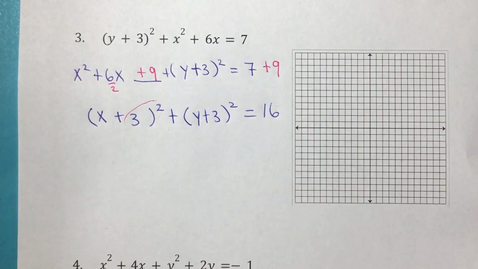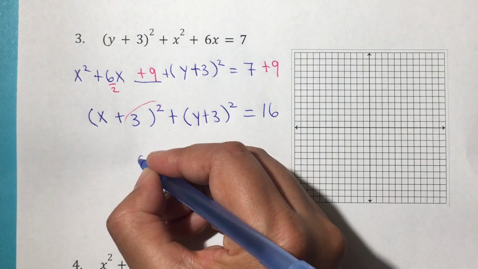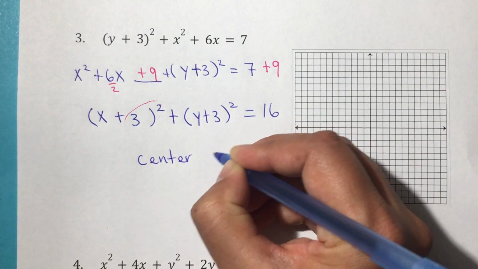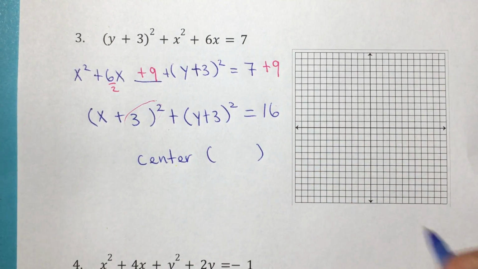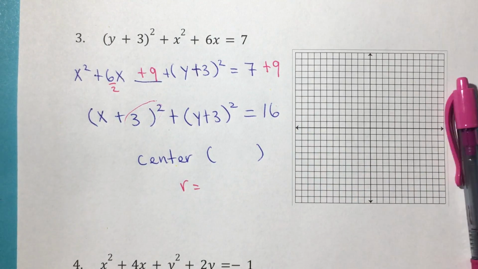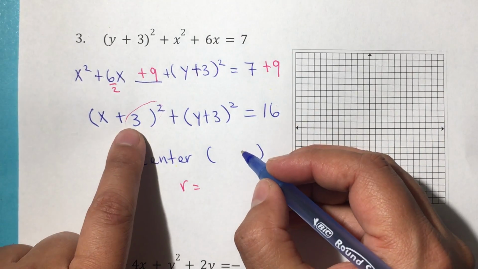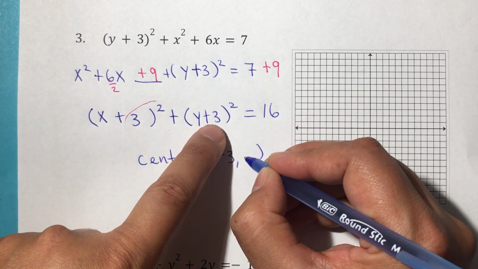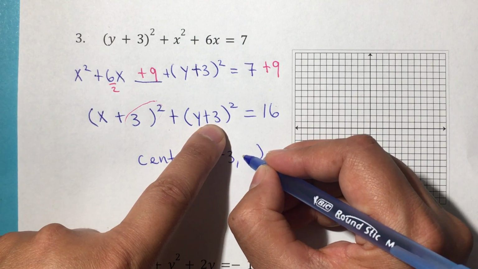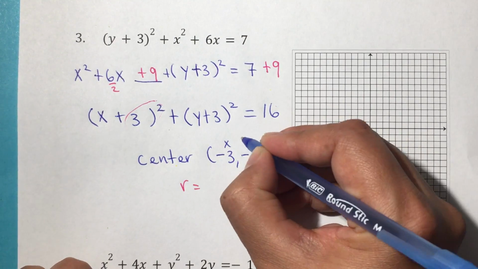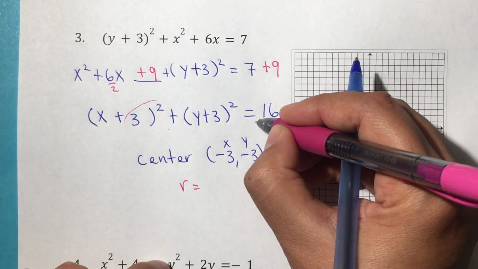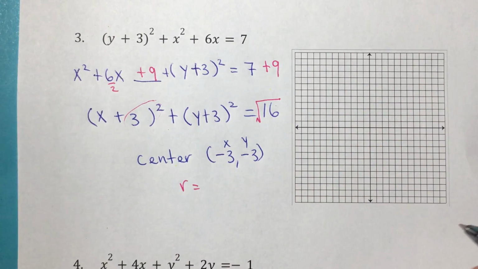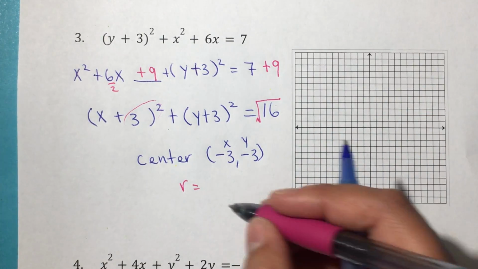Now it's in standard form, so we can graph it by finding the center and finding the radius. So for the center, again, it is the opposite of this, which is -3. Opposite of y, we're adding to the y, so it's -3 as well. And for the radius, we need to take the square root of the answer, which is the square root of 16, which is 4.